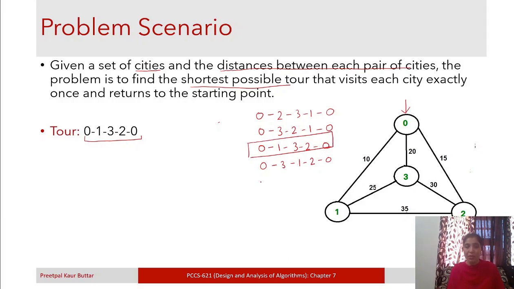Its cost is minimum. So what is the cost? 0 to 1 it's 10, then 1 to 3 it's 25, then 3 to 2 it is 30, and then 2 to 0 it is 15. So in total it is 10 plus 25, 30 and 15, which is equal to 80. So this is the traveling salesperson problem.